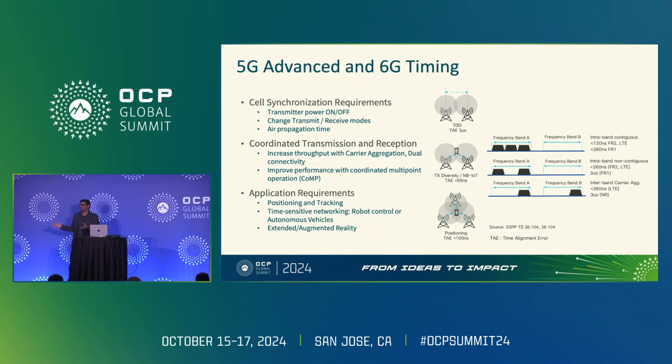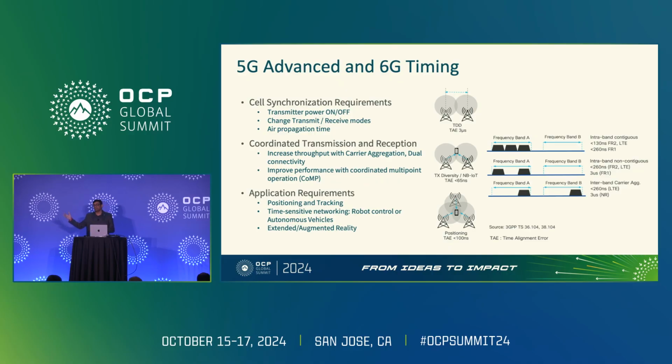And this time synchronization comes from the network itself when the radios are connected over the fronthaul network with the base stations. The industry has been developing and deploying radios with an architecture with time synchronization within 3 microseconds to support these use cases.